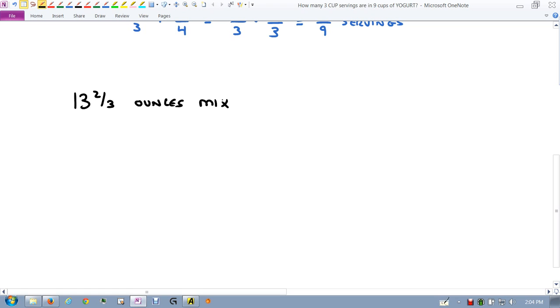She poured 2 1/4 ounces for each cupcake, right? So she pours in those little containers, whatever. And so when she does that, the question is how many times does the 2 1/4 go into the 13 2/3?